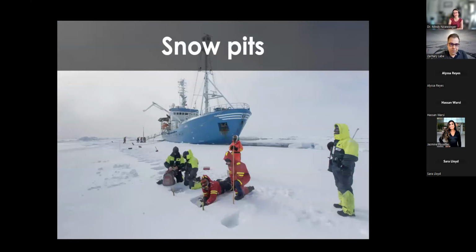Some of the other things we do are these snow pits, as they're called. And why we're doing that is because the snow doesn't necessarily melt every single summer, so it can actually layer on top of the sea ice. When you create these pits, you can reconstruct a few years of weather data.